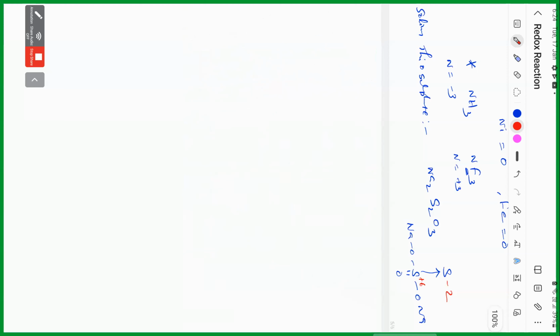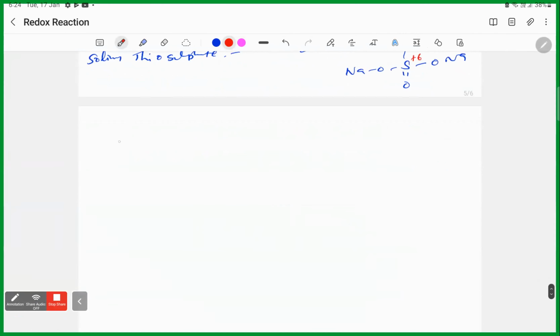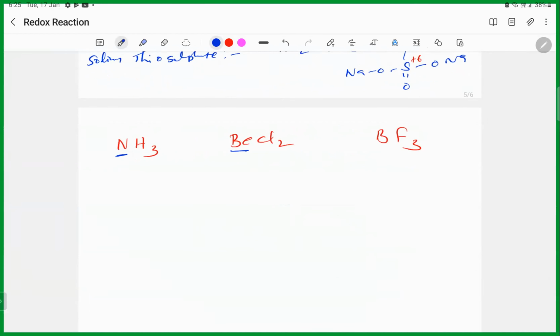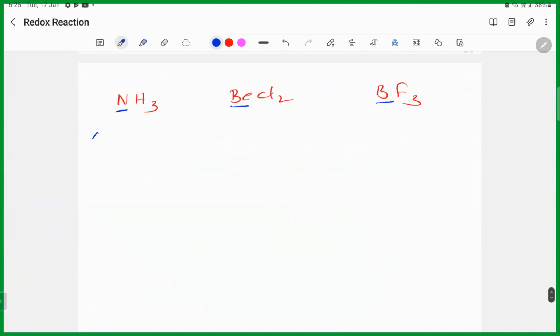Now we'll find the oxidation states in NH3, BeCl2 and BF3: nitrogen, beryllium and boron. Let X be the oxidation state of nitrogen: X plus 3 hydrogens, 3 times +1, is equal to 0.